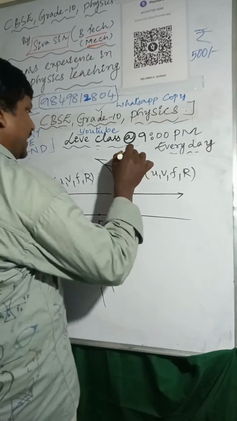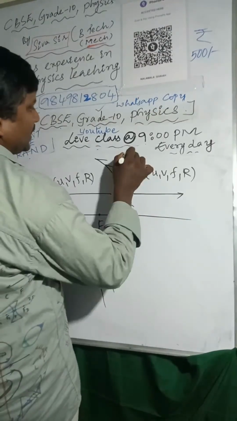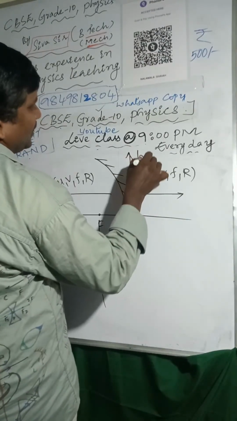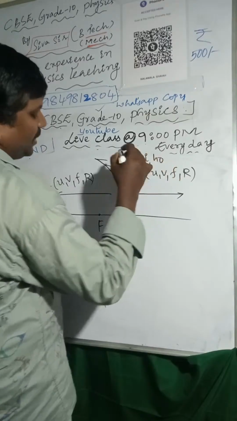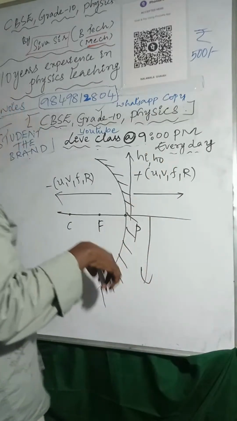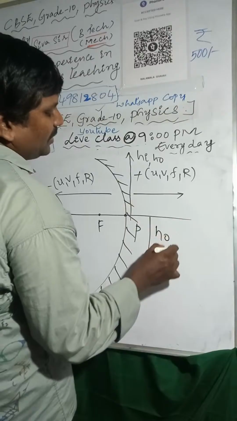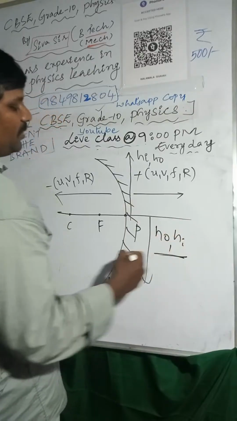Above the principal axis, the height of the image and the height of the object both are positive. Below the principal axis, the height of the object and the height of the image both are negative.